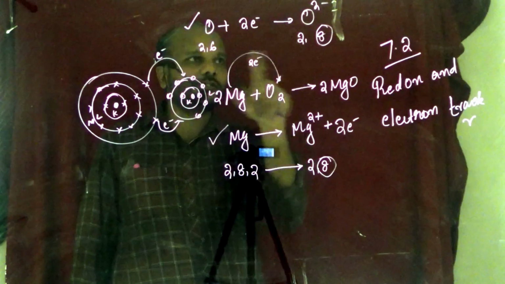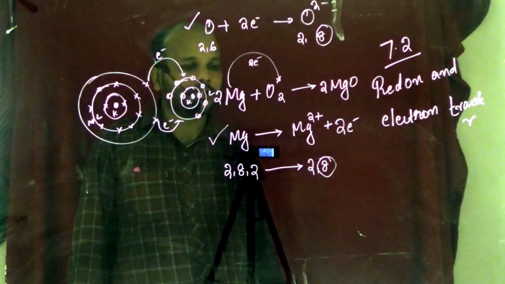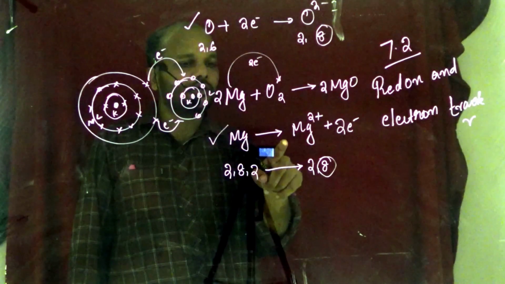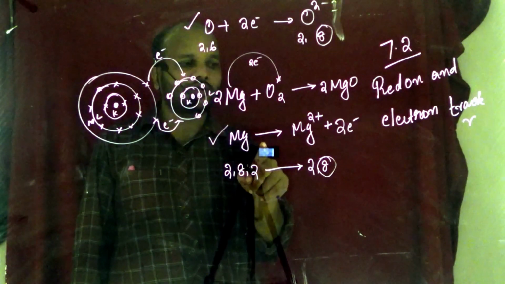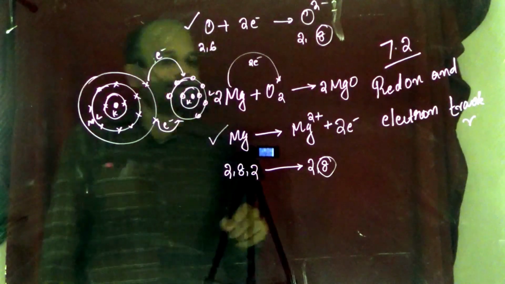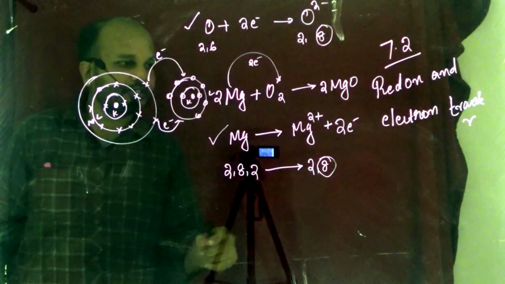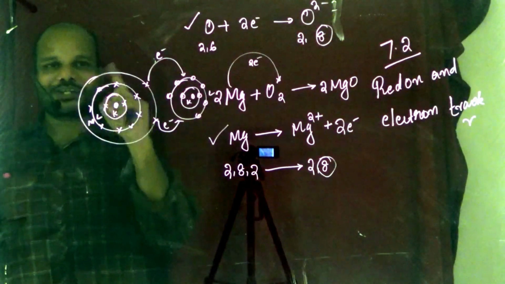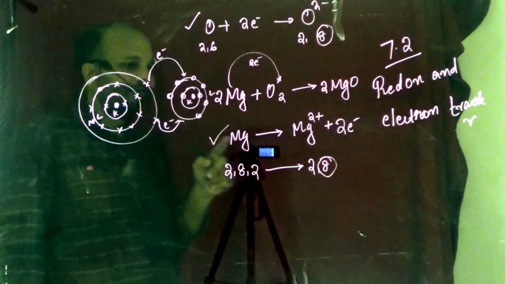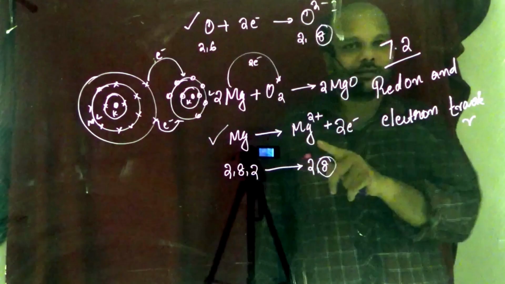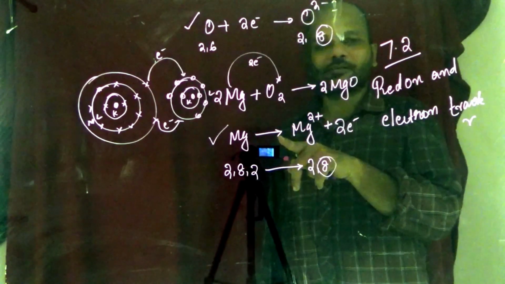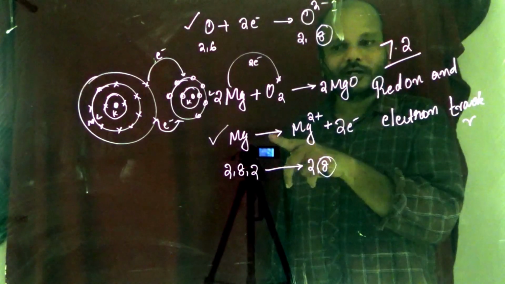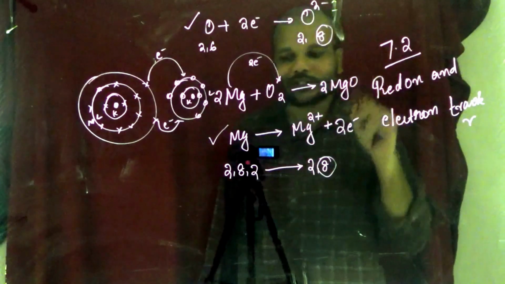Now, the next very important thing: we will check this oxidation reduction reaction. This is in fact loss of electrons, and we will tell one more definition for oxidation and reduction. Please remember, in the case of magnesium, it is losing electrons, so magnesium got oxidized.